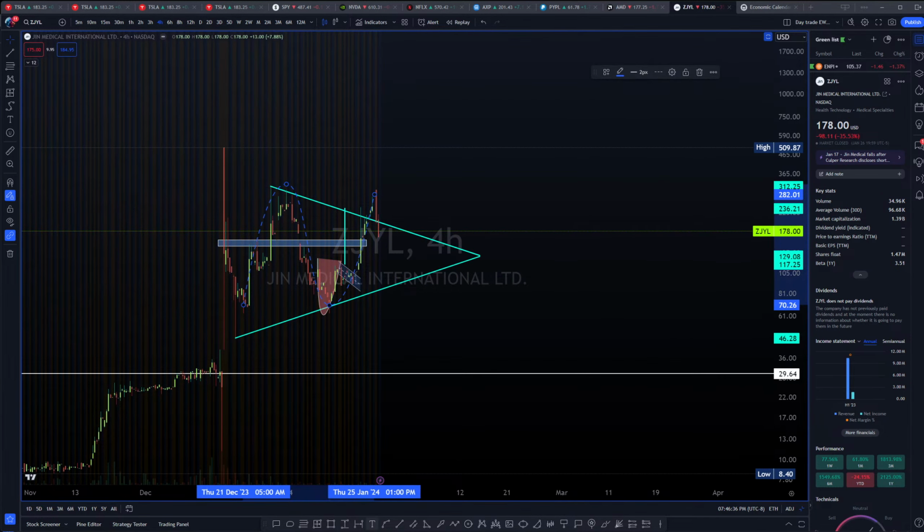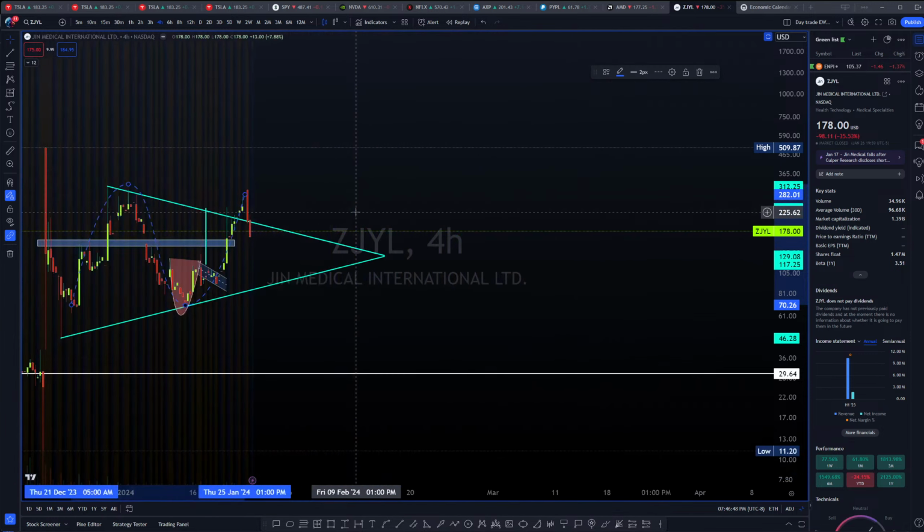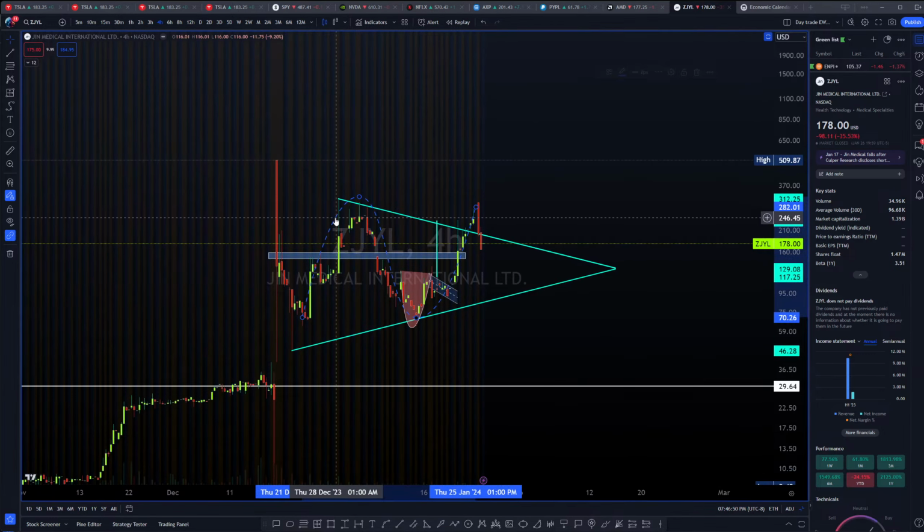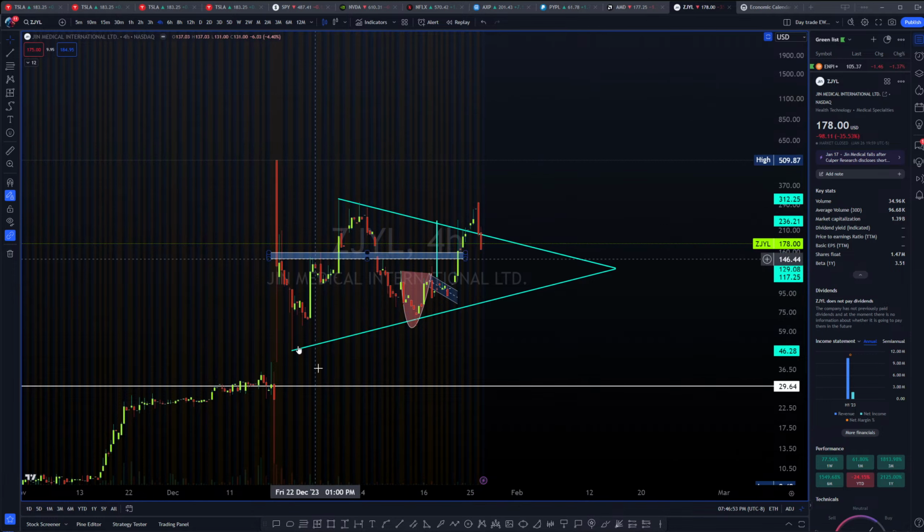There could be that as well, so you have to watch out with that too. This is just always going to use sentiment and psychology against retail until it does make a decision to go either up or down. But as far as that covering or anything, I'm not sure, you guys. You know me, I'm not that kind of analyst here.